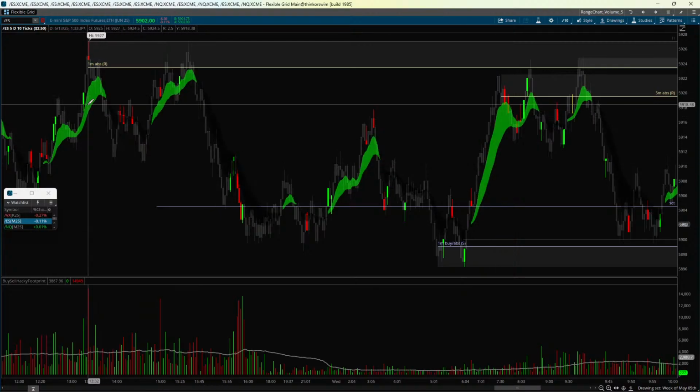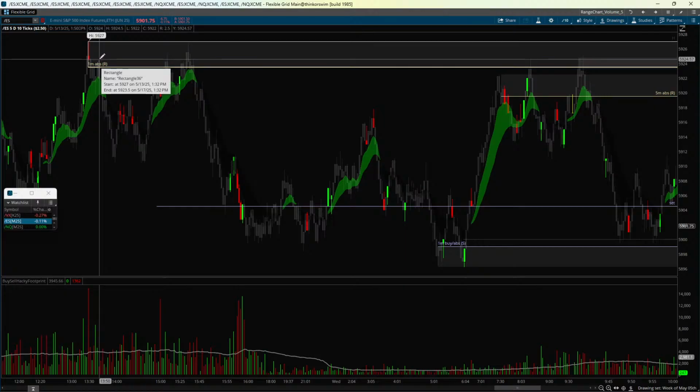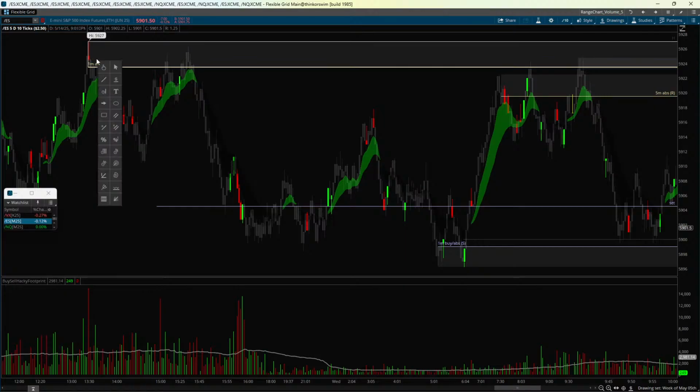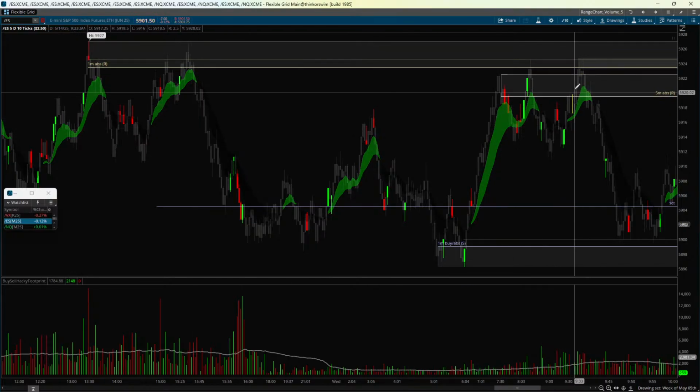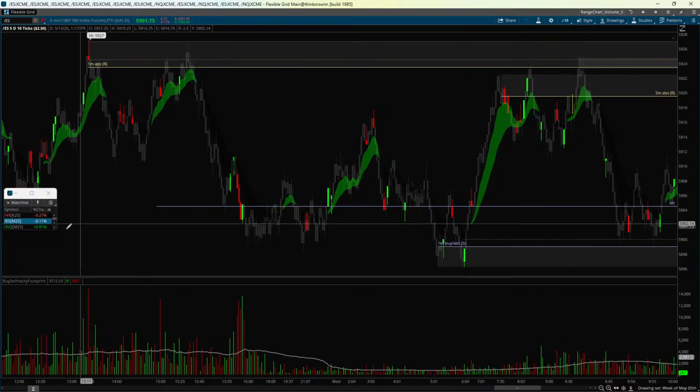Strong sell. So the 10 tick range chart might be the best one. Look how much volume we got. So we'll want to see price come about here. We see price came up, rejected, and then came up to it one more time and rejected. Look at all that volume right here.